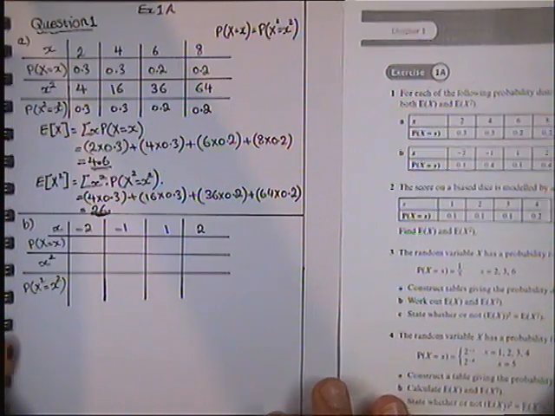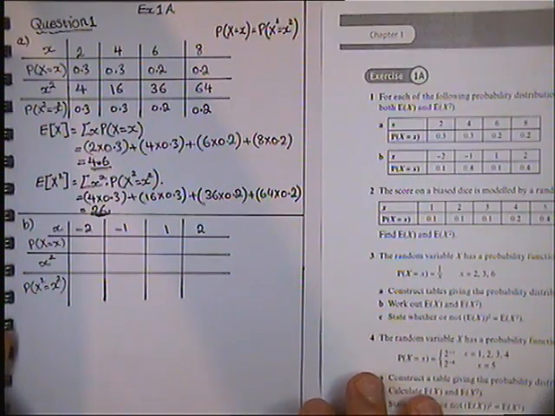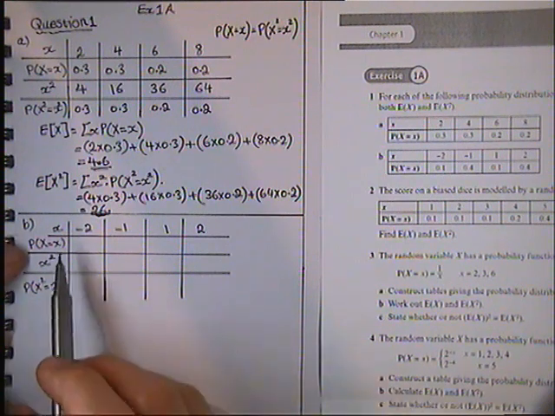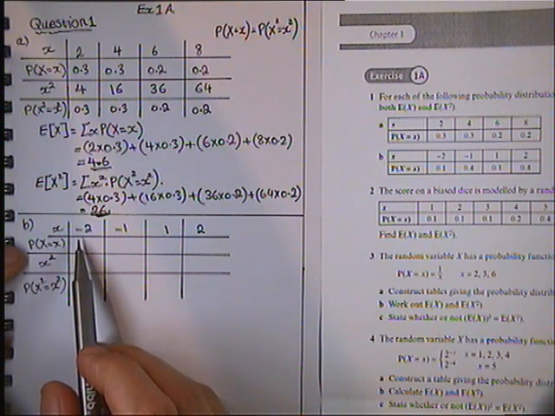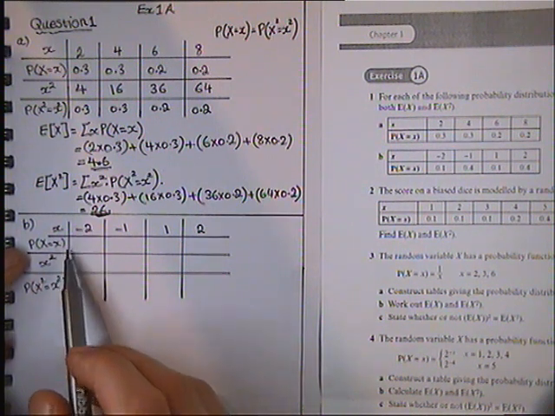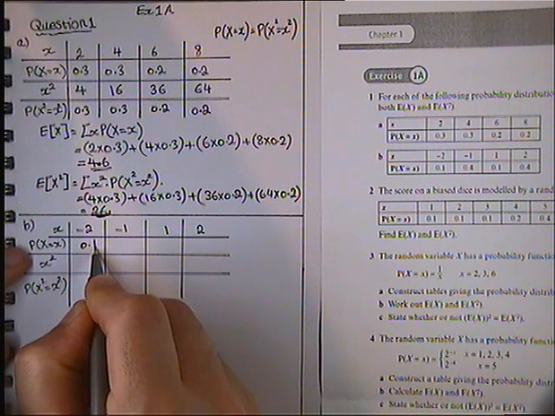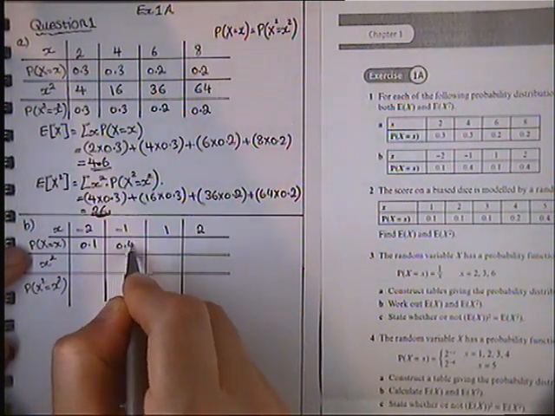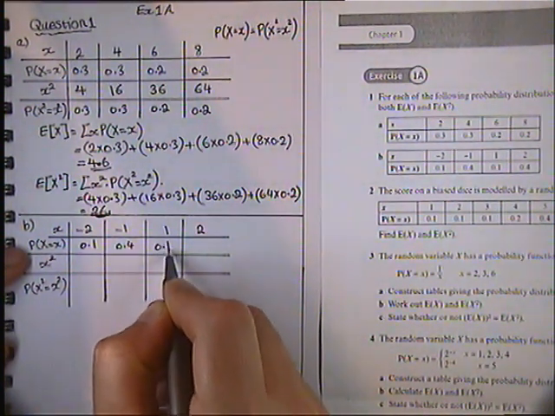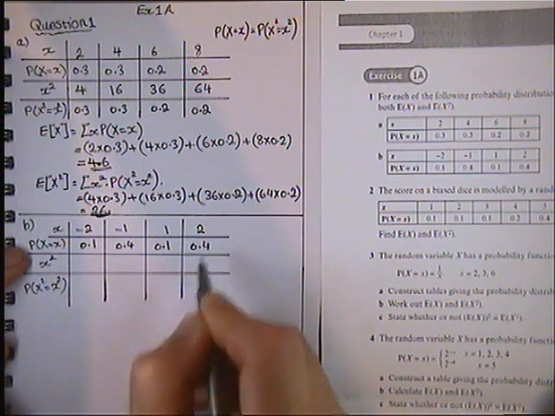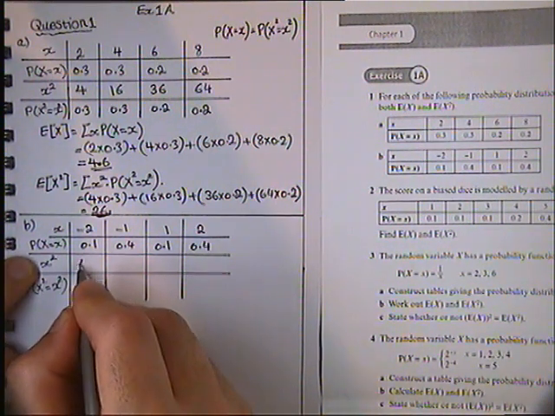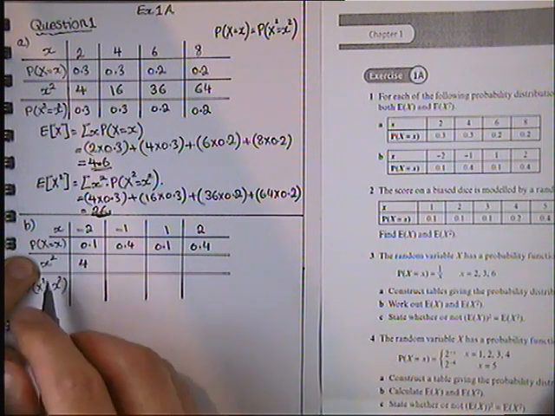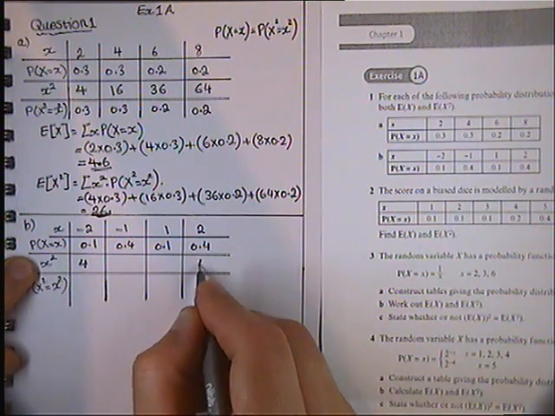Now let's move on to part B of the question. The table is given. The random variables are -2, -1, 1, and 2, and the probabilities are 0.1, 0.4, 0.1, 0.4 respectively. Now let's calculate x squared. -2 squared is 4. In the same way, 2 squared is 4 as well.